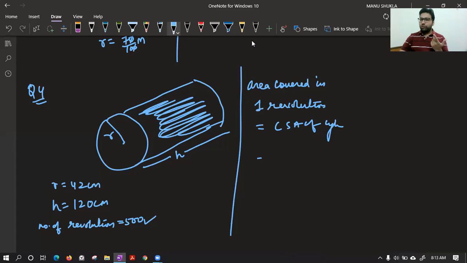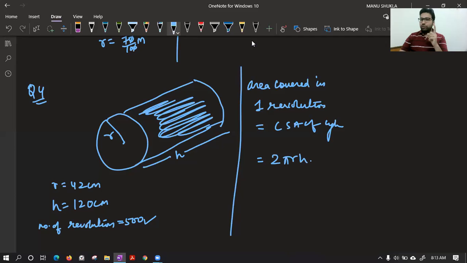Now you have to find the CSA, and finding CSA is very easy. We have learned yesterday also, a coin at the bottom, we have to take its circumference, 2 pi r, into h. That will be your CSA. So 2 pi r h. Just find 2 pi r h, you will get the area covered in one revolution.